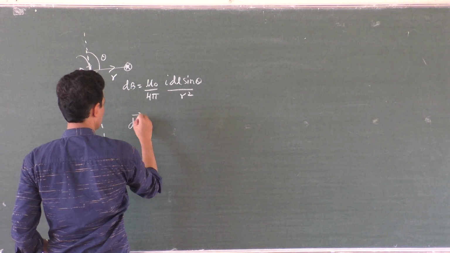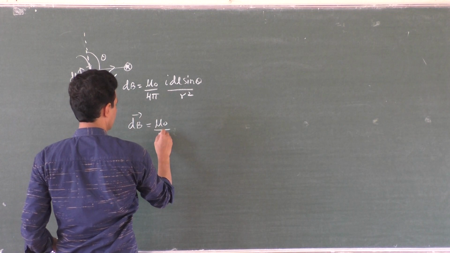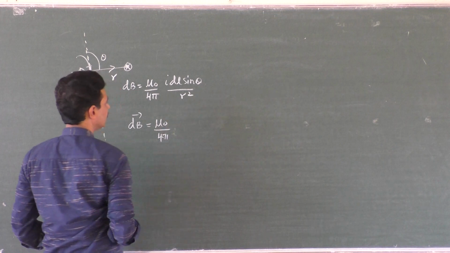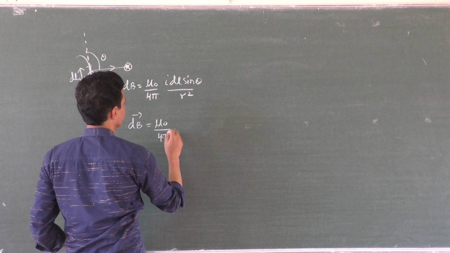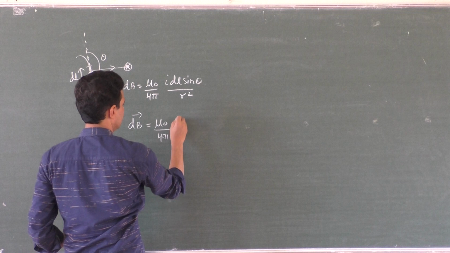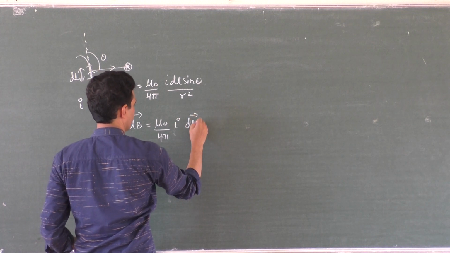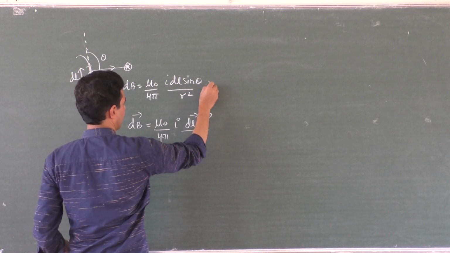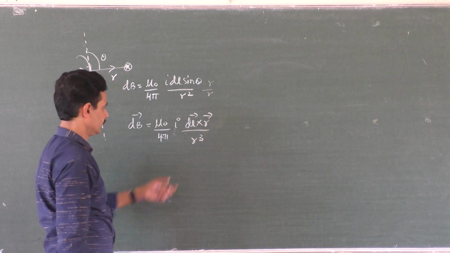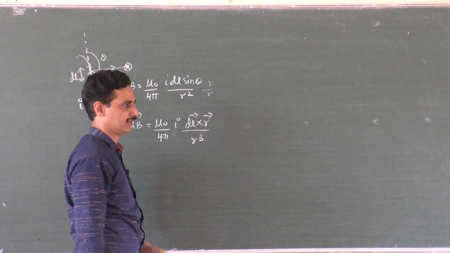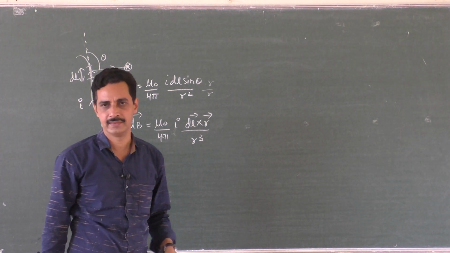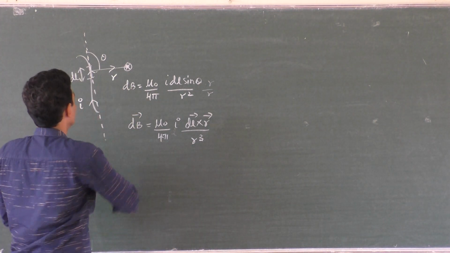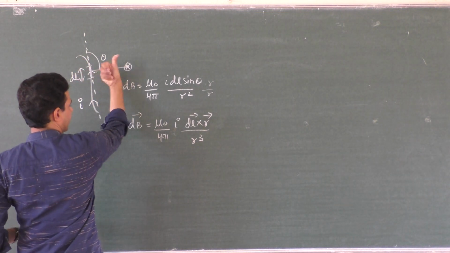dB is equal to mu naught by 4 pi. I multiply and divide by r, then it becomes r cubed: I dl cross r divided by r cubed. Otherwise I don't have an r here. So you can write dl cross r. dl is a vector now, along with the current. That is called the current element, so it has a direction. If you do it like this, you will get the direction of the magnetic field.